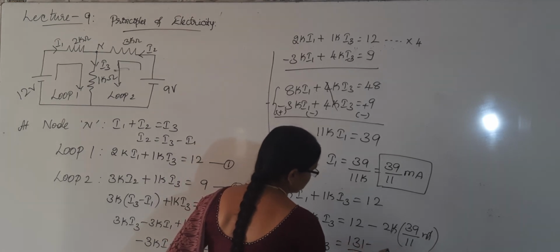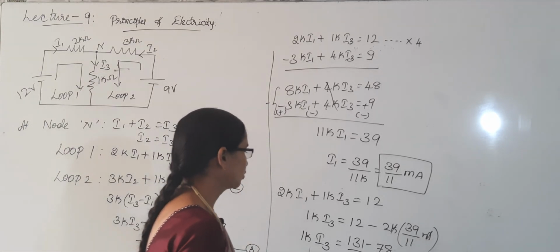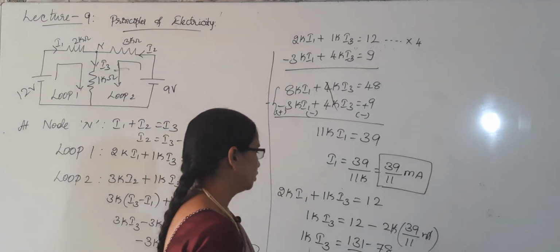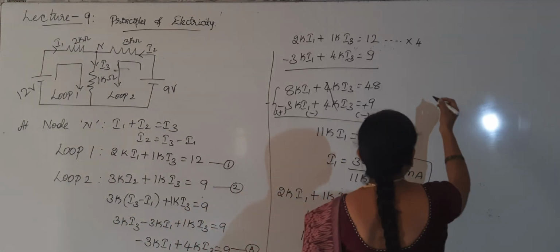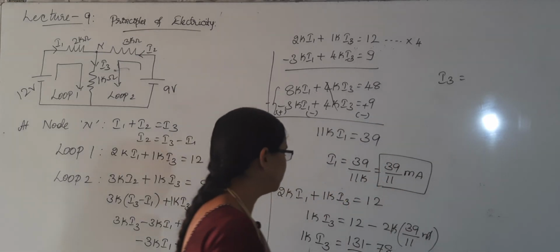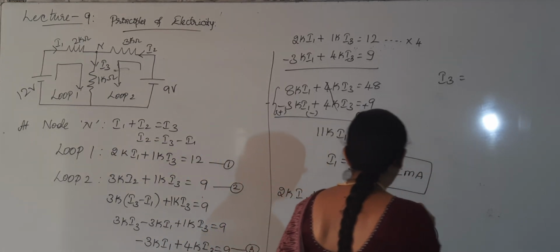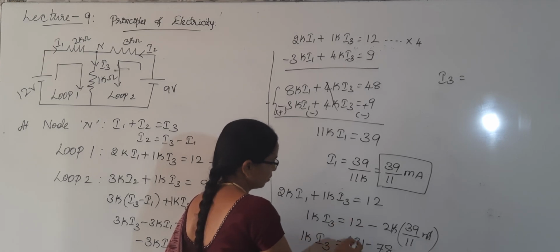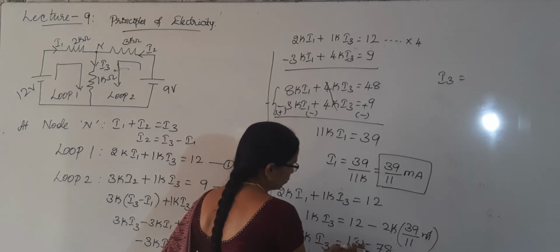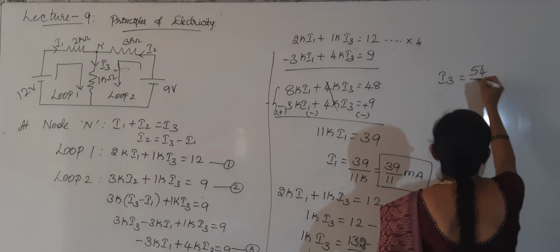It will be around 131 minus 78. Actually, 12 elevens are 132, so 132 minus 78 it will be, so I3 will be 54 by 11 milliamperes.